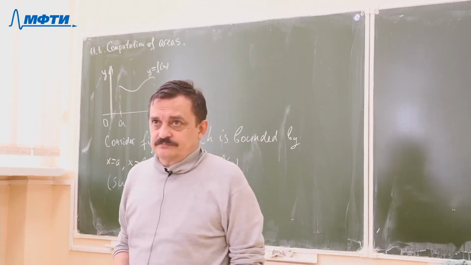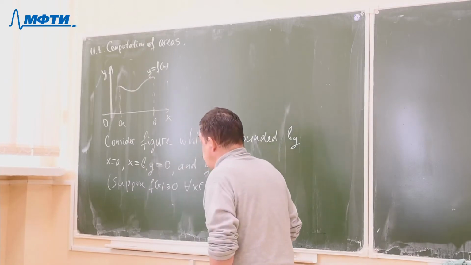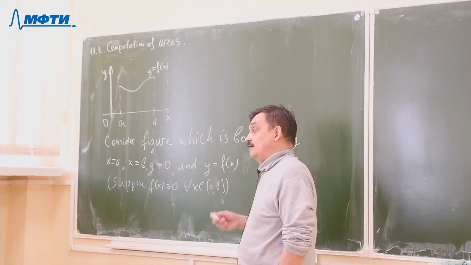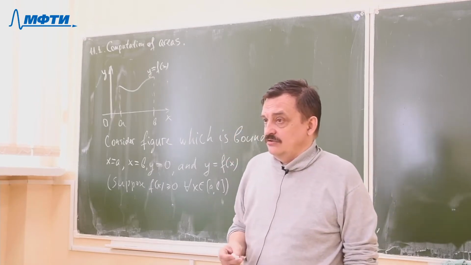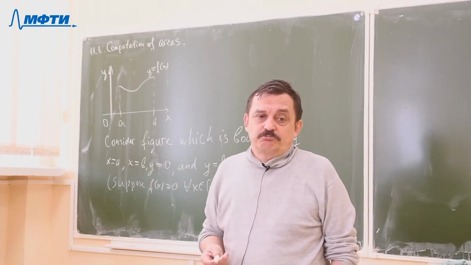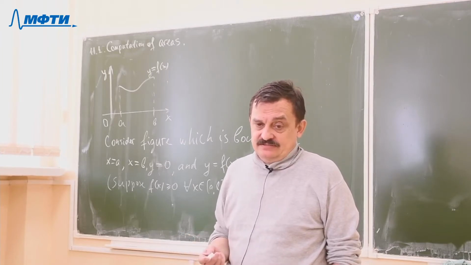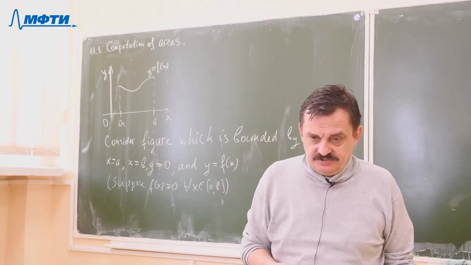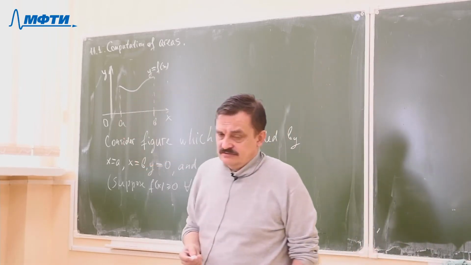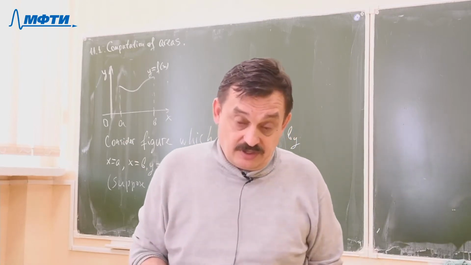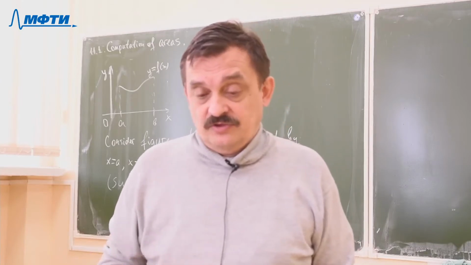Okay. So, the question about what is the area of a planar figure is a rather complicated question in general, and we'll discuss it later in multivariable calculus, because it is related to what is the Jordan measure.